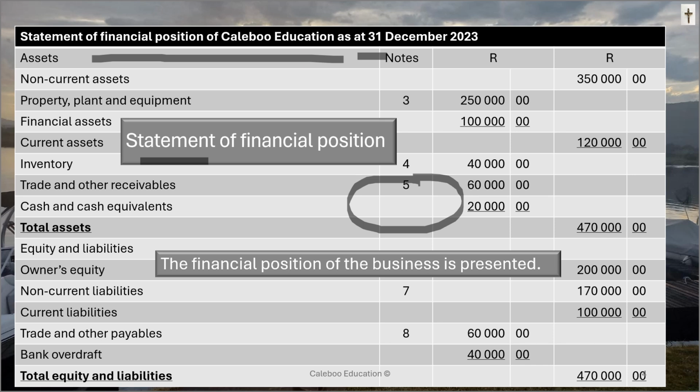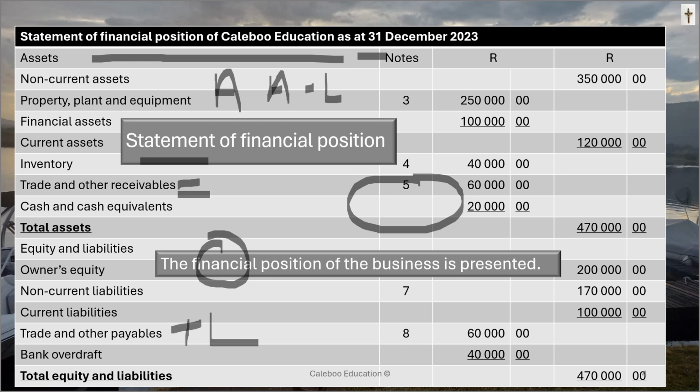So at a point in time, the business or the owner, seeing that this is a sole proprietorship, is worth his assets less his liabilities. But what we got here, in this formal way of presenting the financial position, it's written assets is equal to owner's equity plus liabilities.